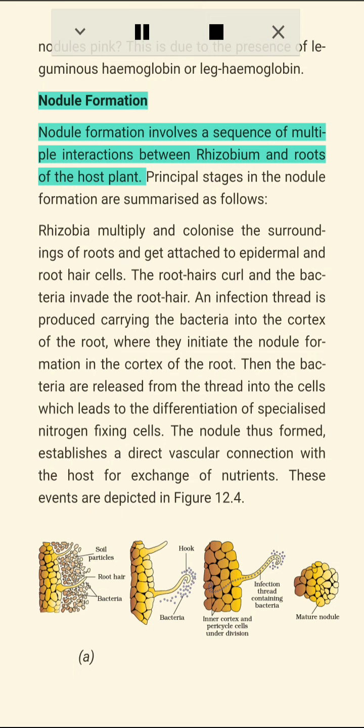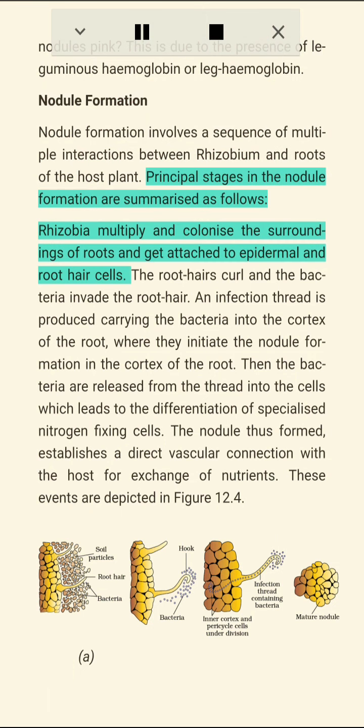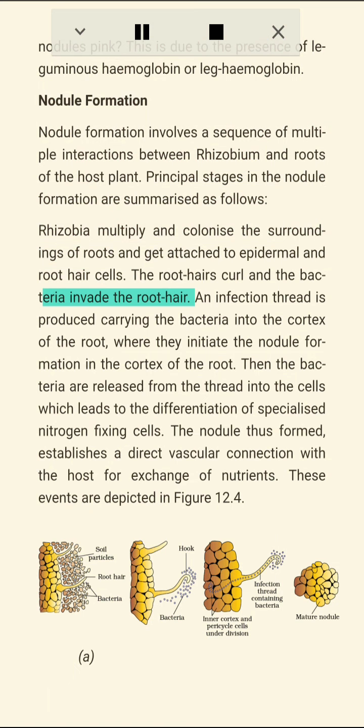Nodule formation. Nodule formation involves a sequence of multiple interactions between Rhizobium and roots of the host plant. Principal stages in the nodule formation are summarized as follows. Rhizobium multiply and colonize the surroundings of roots and get attached to epidermal and root hair cells. The root hairs curl and the bacteria invade the root hair.